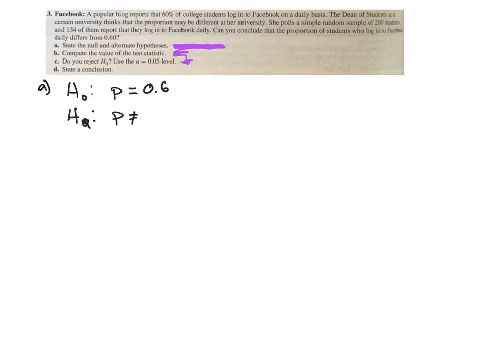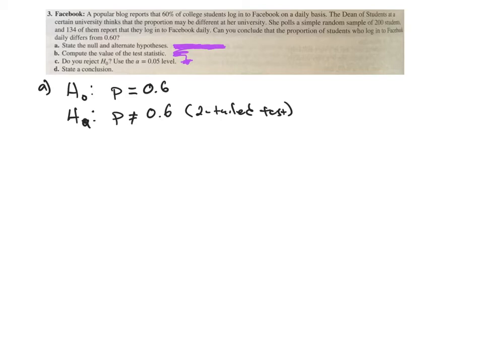Since she's not assuming higher or lower, the alternative hypothesis is that it is not 0.6. This is going to be a two-tailed test. This actually makes it more difficult to reject the null hypothesis in general.